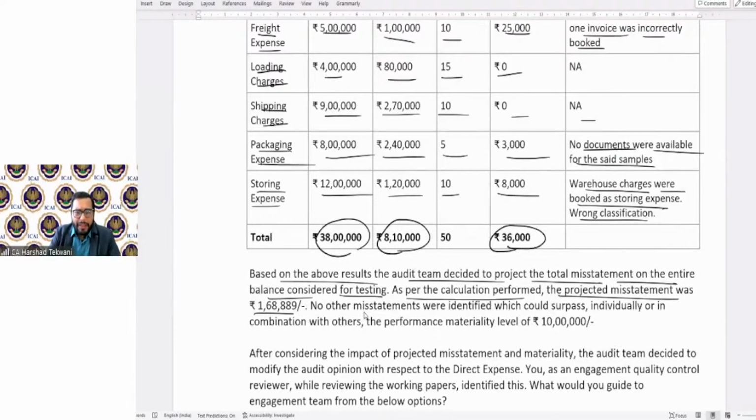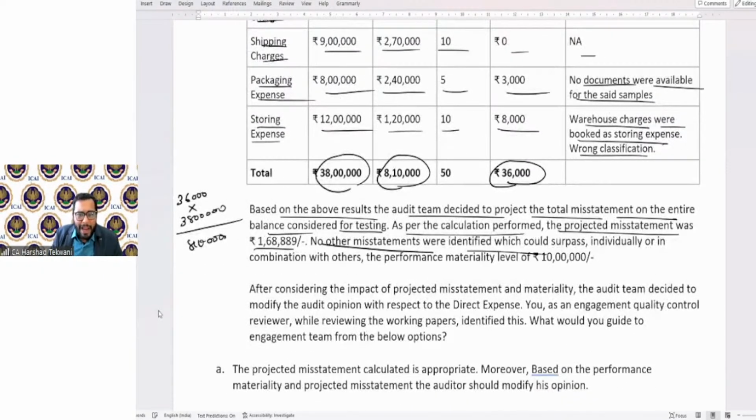If I have a misstatement of 36,000 on my 8,10,000, then how much will I have for 38 lakh as the entire population? So they projected the misstatement as 36,000 into 38 lakh divided by 8,10,000. Cross multiplication, you can say, or projection.